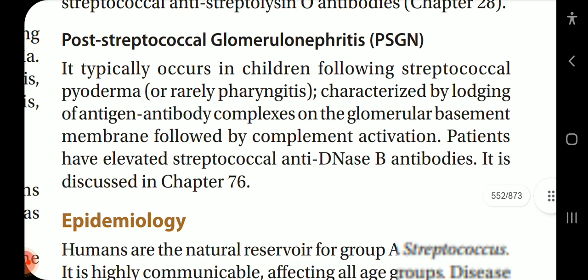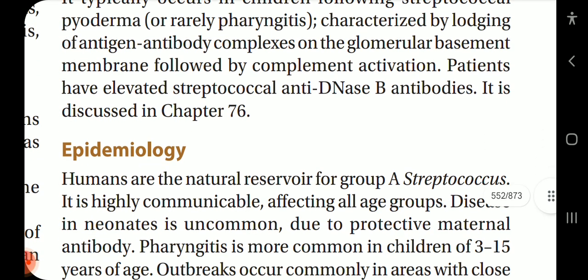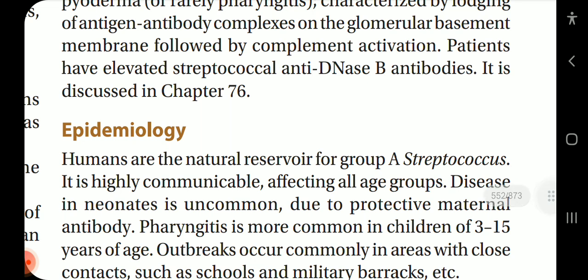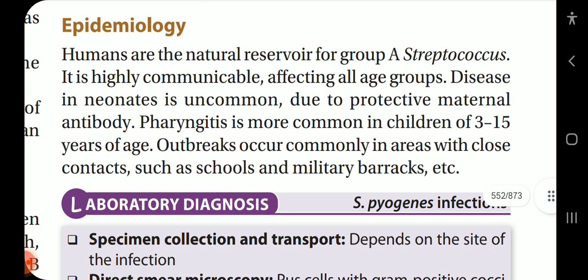Post-streptococcal glomerulonephritis (PSGN) typically occurs in children following streptococcal pyoderma or rarely pharyngitis, characterized by lodging of antigen-antibody complex on the glomerular basement membrane followed by complement activation. Patients have elevated streptococcal anti-DNase B antibodies. It is discussed later.